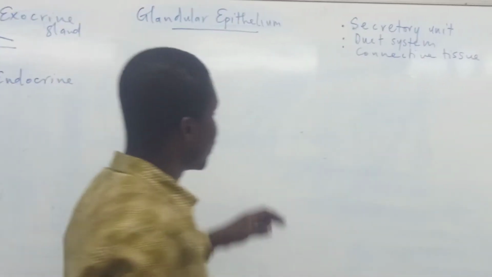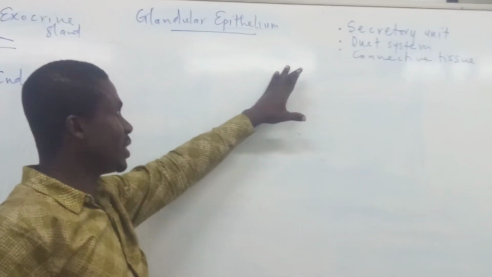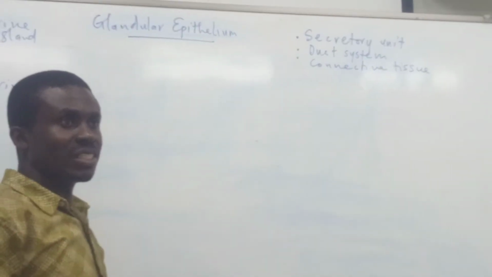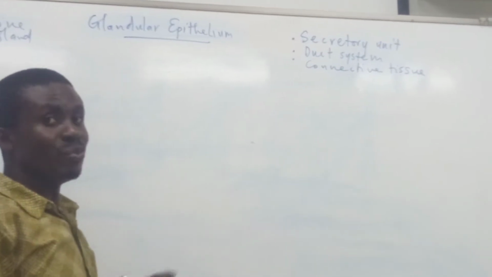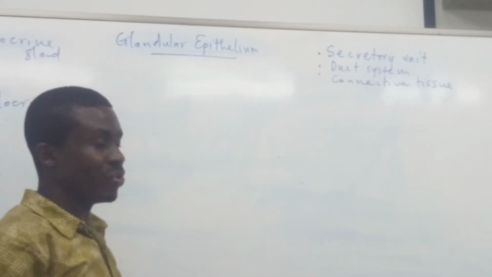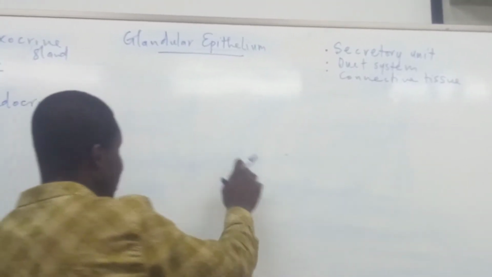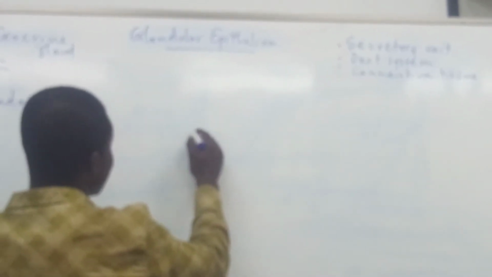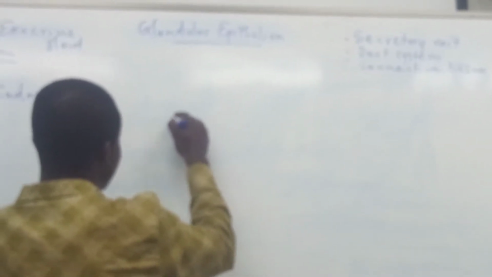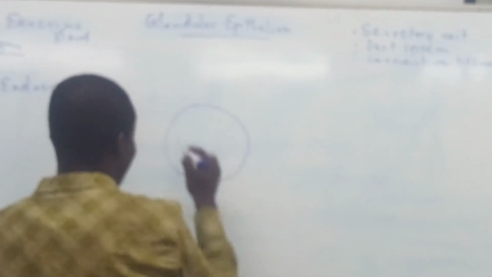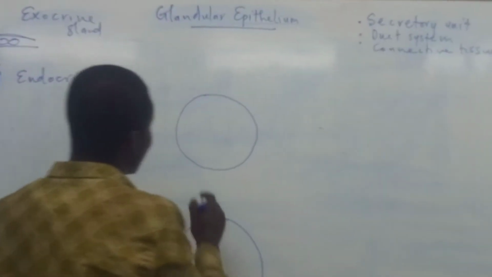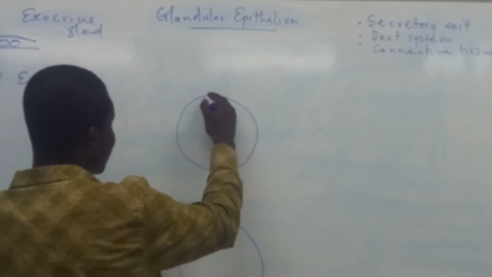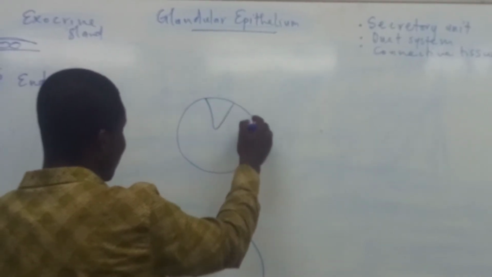Now the secretory units of these cells can either be made of what we call serous secretory units, or they could be mucous secretory units, depending on the nature of the product. Now, if it is serous secretory units, assuming we have this, and then there's, let's say, mucous secretory units, then what we see is that the serous secretory unit is going to have triangular pyramidal shaped cells.